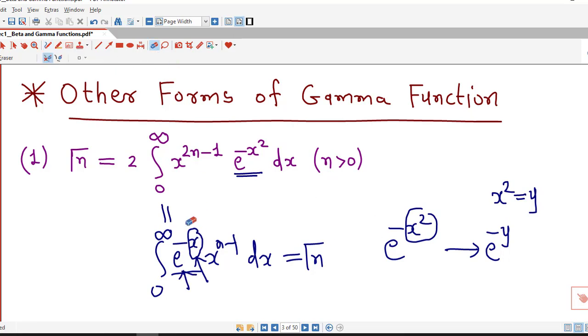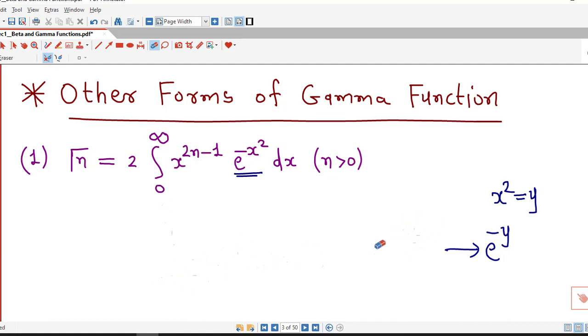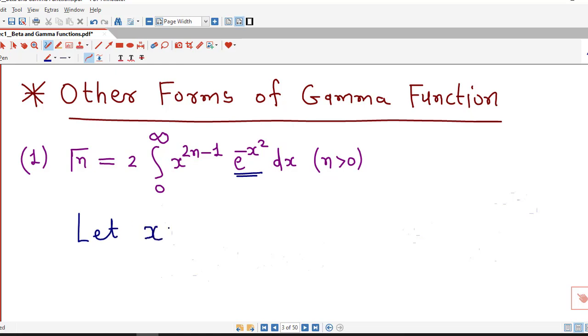So we will start from the right hand side, and we will show that the right hand side is nothing but gamma n. So in the right hand side we change the variable from x to y by the relationship x square equal to y. So if x square is y, then x is nothing but square root of y, or y raised to 1/2.